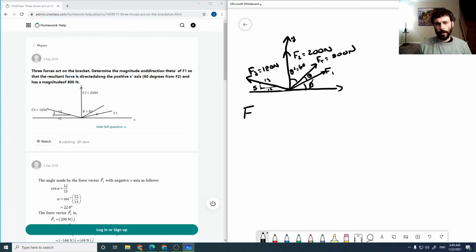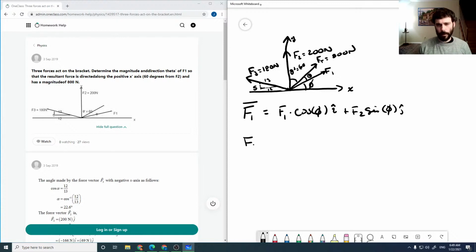So our F1 vector is going to be our F1 magnitude times cosine of phi I hat, my x unit vector, plus F1 sine phi j hat.